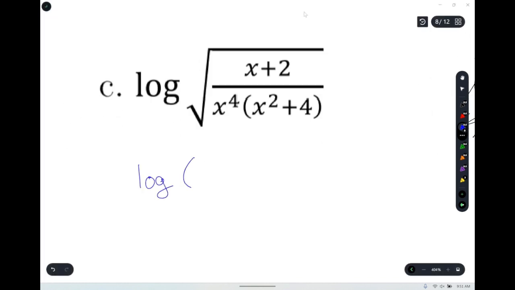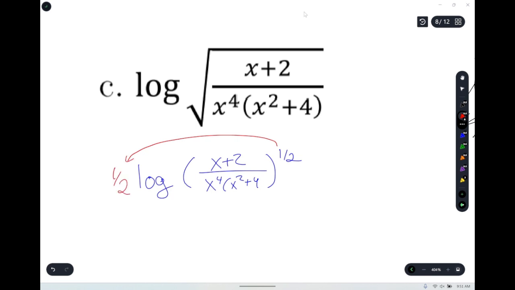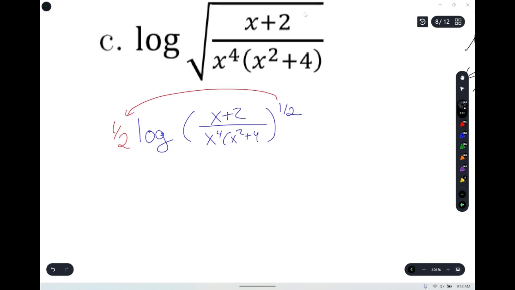All right, we need to rewrite this. And that is so nice. Why is to the power of 1/2 super nice? Indeed, and where does it go? Just take it to the front. And you don't even have to worry about it for the rest of the problem pretty much.